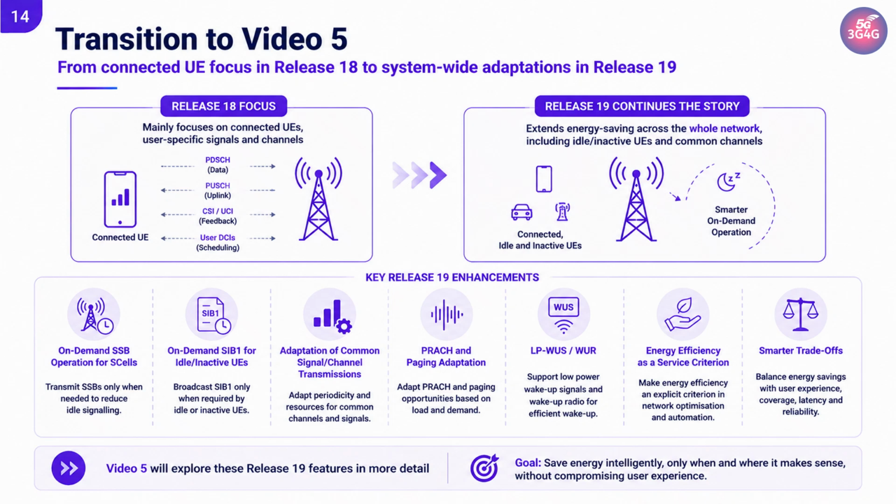But the energy saving story continues in Release 19. In the next video, we will look at how Release 19 expands the scope further. This includes on-demand SSB operation for SCells, on-demand SIB1 for idle and inactive UEs, adaptation of common signal and channel transmissions, PRACH and paging adaptation, low power wake-up signal and wake-up receiver concepts, and energy efficiency as a service criterion.